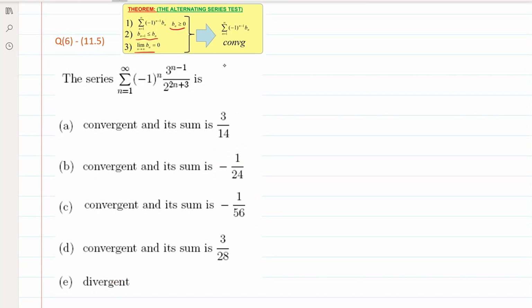It is not diverge, because is it increasing or decreasing? Firstly, check if this one converges or diverges. It is an alternating series, so check the three conditions. Then we will talk about the next step.